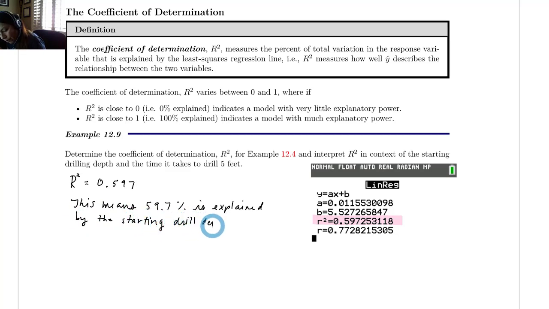Okay, and furthermore, we could even dig deeper, right? Furthermore, 40.3% is explained by other factors.